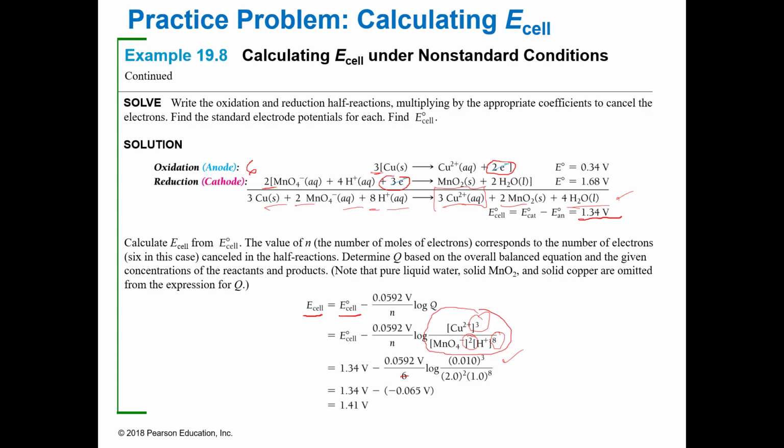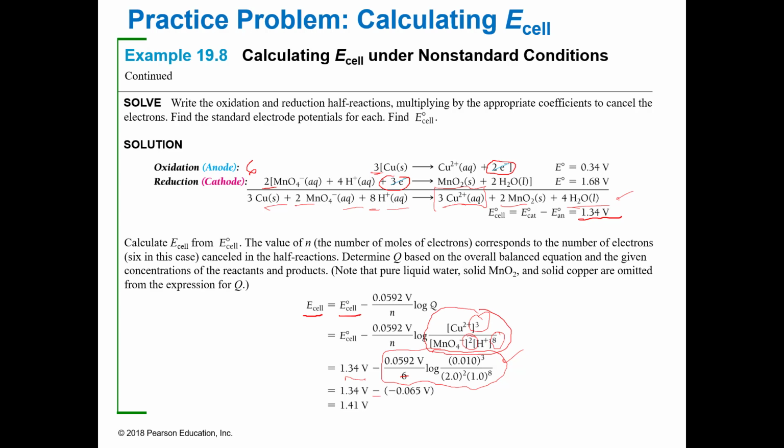And so we have the standard cell potential minus our correction factor here due to the differences in concentration, non-standard concentrations different than 1 molar. And we get 1.34 volts minus a negative 0.065 volts.